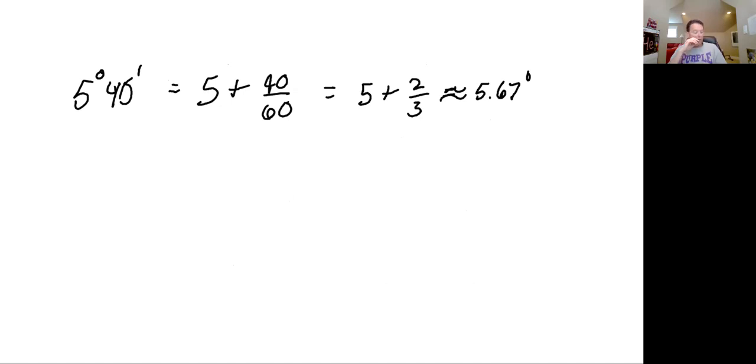If you look at angle B, it's going to be 8.25 degrees, because 15 minutes is 1/4 of a degree.